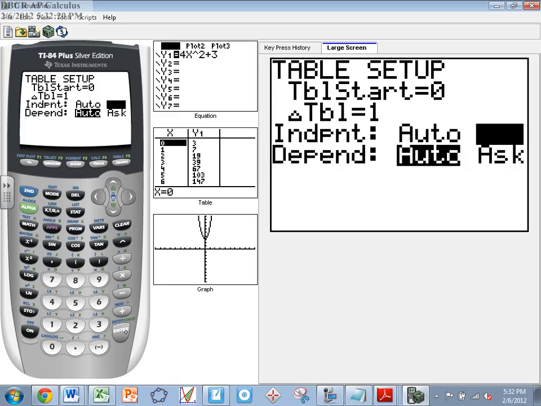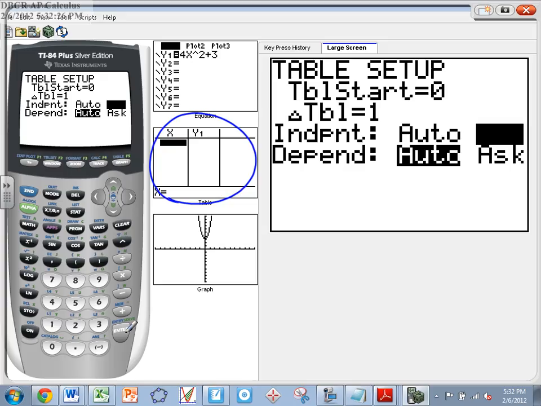Now the table has disappeared, because we're going to ask for values. We're going to plug in values like 0, or 1, or 2, or 7, or 35, and it's going to give us the values of y, whatever they turn out to be. Y is automatically being chosen, whereas for x, you are asking the calculator what to pick.